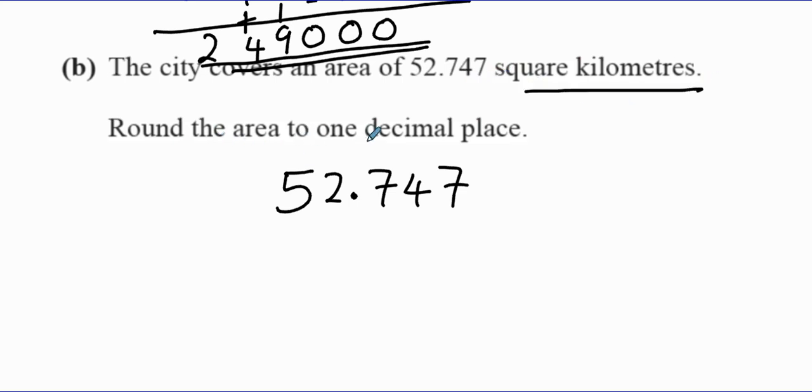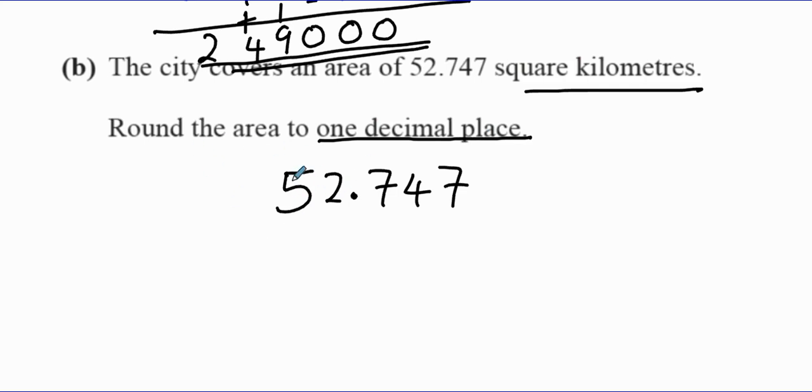Round this area to only one decimal place. Okay, now you are lucky. Even the calculator can help you get decimal places. Let me show this using a calculator first.